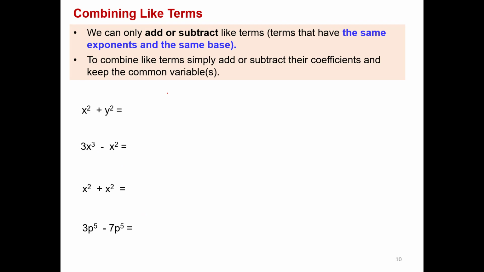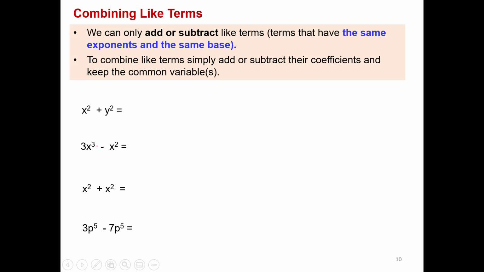To combine like terms, we need to remember we can combine like terms only if they have the same exponents and the same base. Then to combine like terms, we can add or subtract the coefficients.